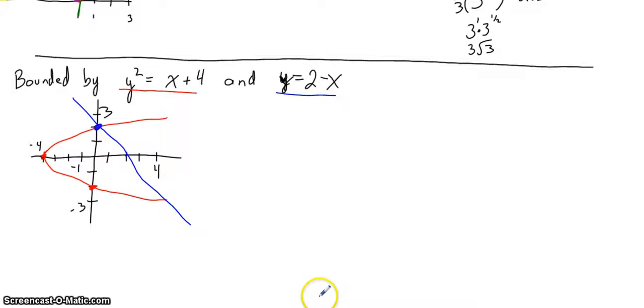Okay, so what we looked at the other day is we had to split it up into two, because the boundaries were the upper parabola, positive case of the square root, negative case of the square root, and then over here we had to do the line minus the lower case. Well, that means we had to split it up into two. Let's not do that.